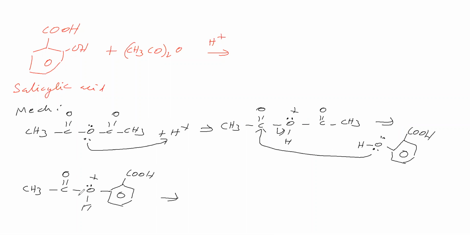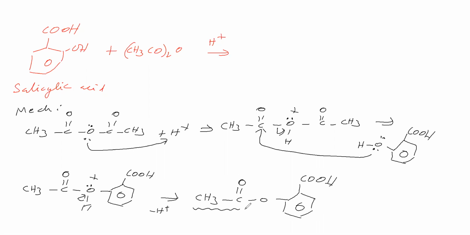Then H plus is leaving, so we get CH3COO, and we got an ester. So the alcoholic group in the salicylic acid reacts with the acid anhydride in the presence of acid to give an ester.